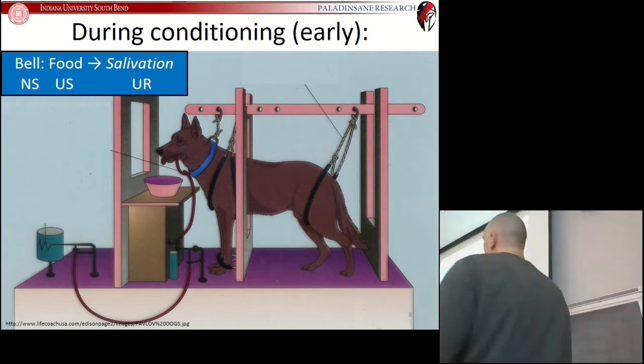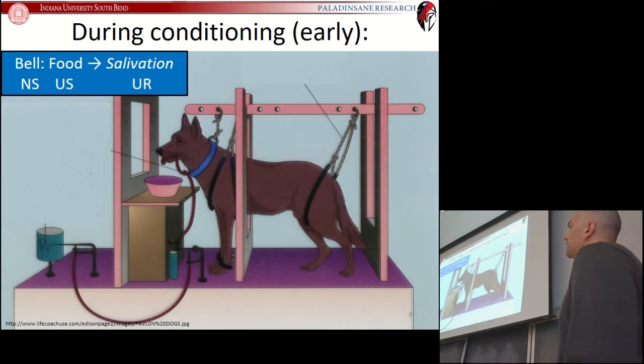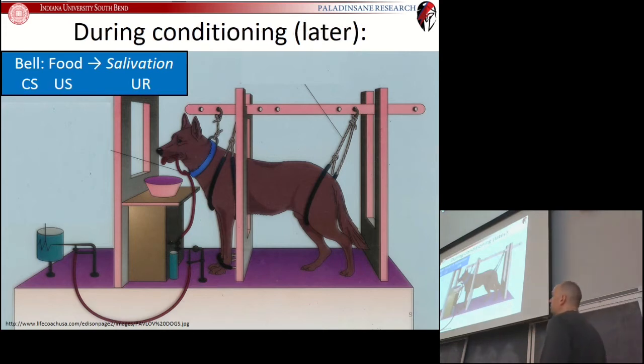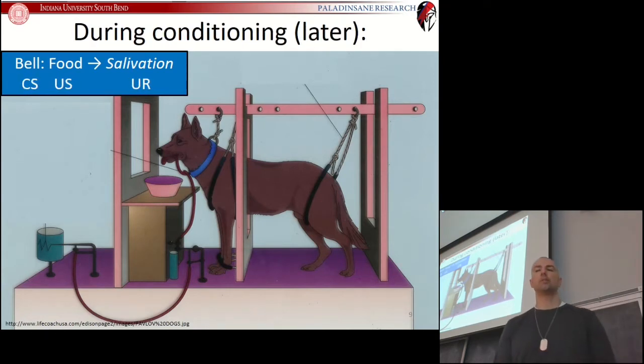And you do this over and over again, and through learning, what happens is that bell changes from a neutral stimulus to a conditioned stimulus. So that's the learning that occurs in classical conditioning. That's the conditioning. You change your neutral stimulus into a conditioned stimulus.